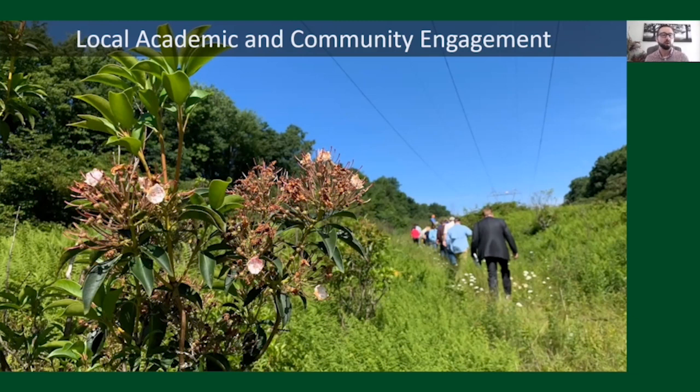This is going to help bring more eyes of ecologists and local interested parties onto our right of way. It's going to give us more insight into what's going on these lands that we're managing. And some utilities are even going so far as to fund some of this research. So they're supporting those researchers and the students that are looking at these research problems on their rights of way.